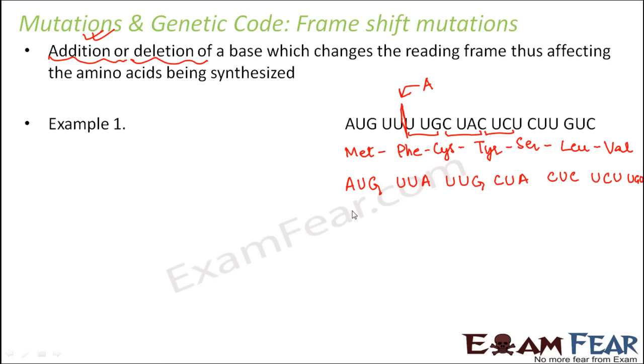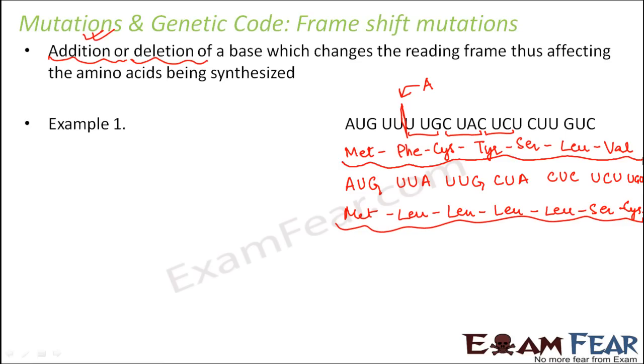Now what is happening in this case? The first one is still methionine. UUA is going to be leucine, and then again leucine, CUA is again leucine, then finally serine, and then cysteine. Now if you compare this amino acid sequence with the earlier one, both of them are completely different.